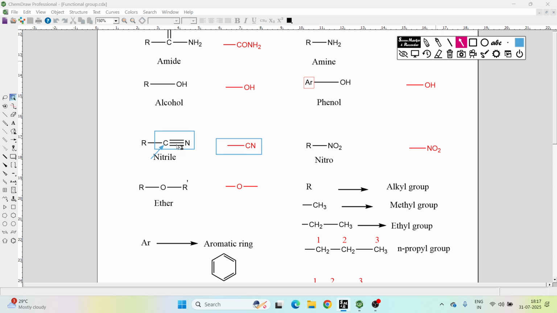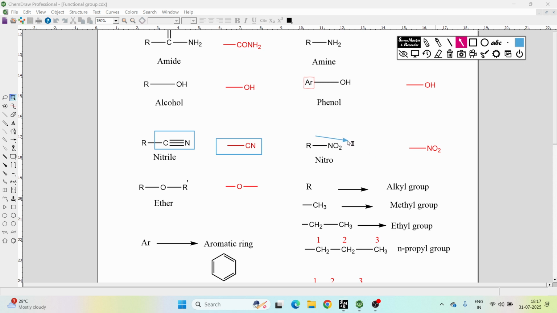Nitrogen valency is 3, so this valency is common to both the nitrogen atom and the carbon atom. So 3 here and 1 on the left-hand side of this carbon. So 4. Remember this basic. We come to the next category, nitro compounds.